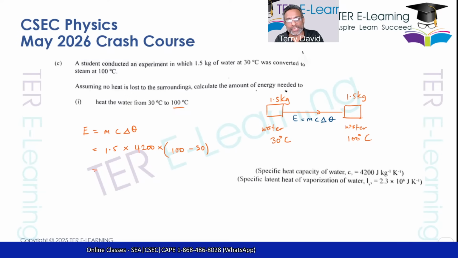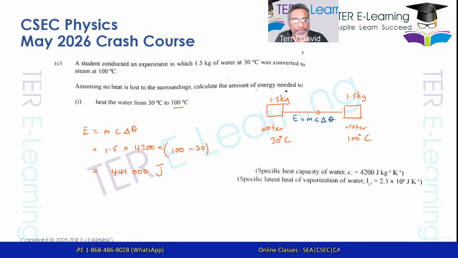This is going to be 1.5 multiplied by 4200 multiplied by 70. And I'm getting 441,000 joules. Okay? If anybody else is working it out, let me know.